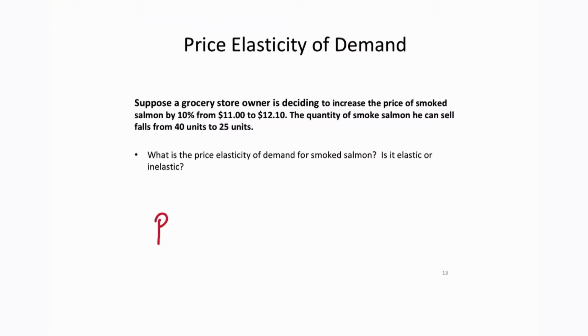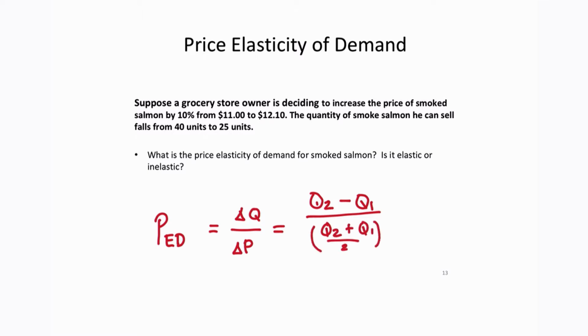As a reminder, the way that we can calculate the price elasticity of demand is through the midpoint method. We're calculating it based on the change in quantity divided by the change in the price. We take quantity 2 minus quantity 1 divided by quantity 2 plus quantity 1 divided by 2.